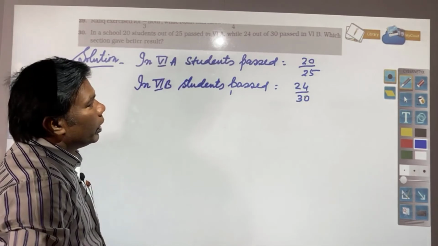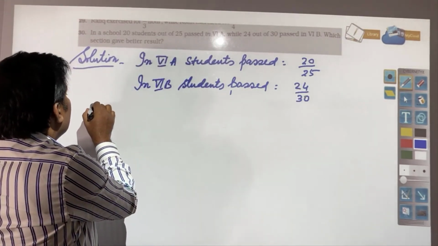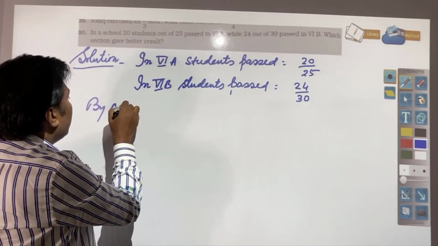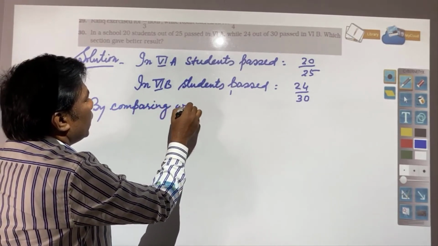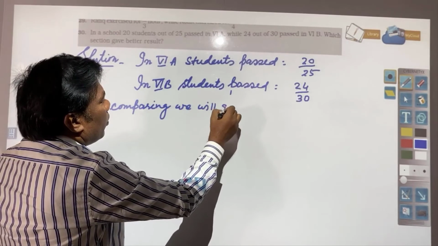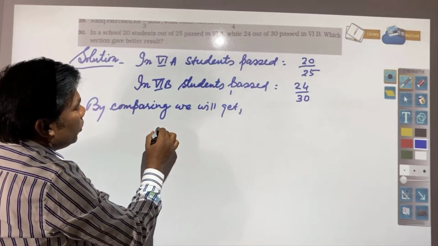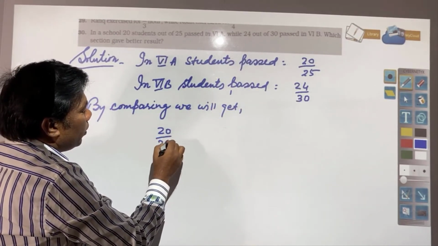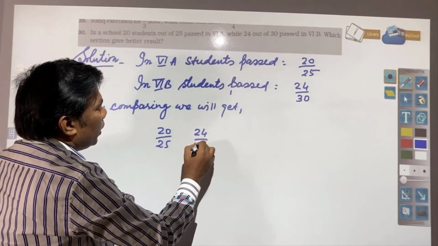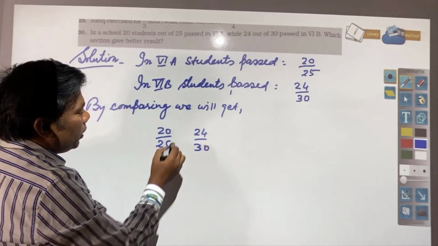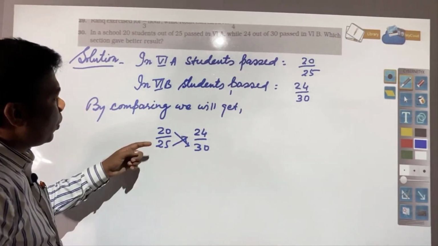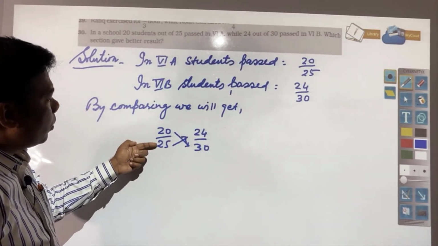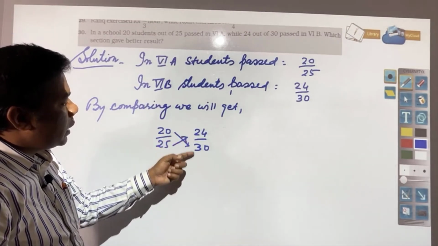Now you need to compare this. By comparing, we will get 20 by 25 and 24 by 30. If you are comparing this, you need to do cross multiplication. And before that, what could be done? This could be written in standard form also.